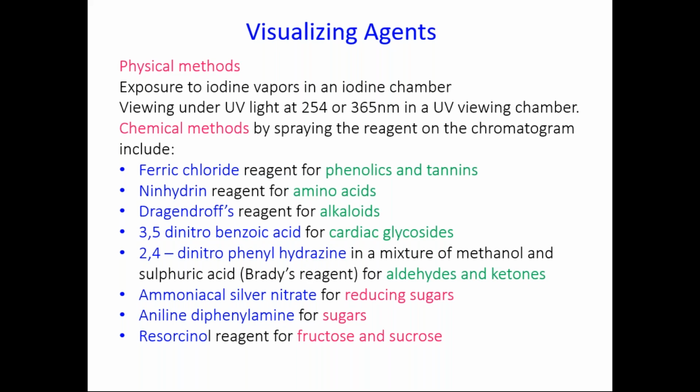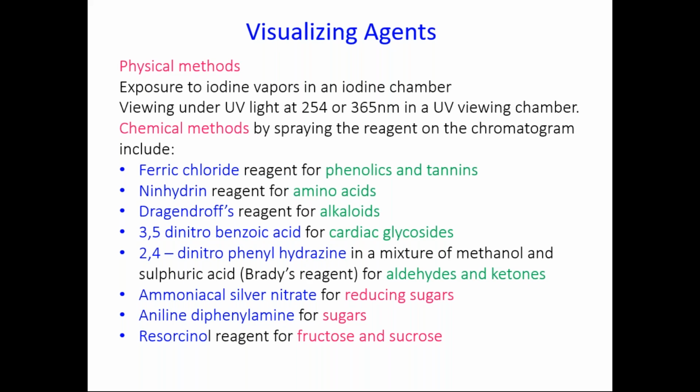This is done by physical methods, that is exposing it to iodine vapors, and we know that iodine, all the halogens, will bind across the double bond and give you a color which is only physical, it disappears.